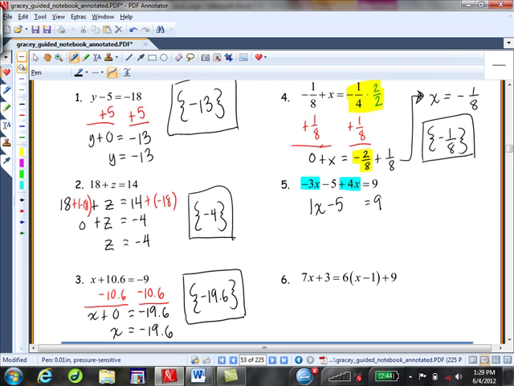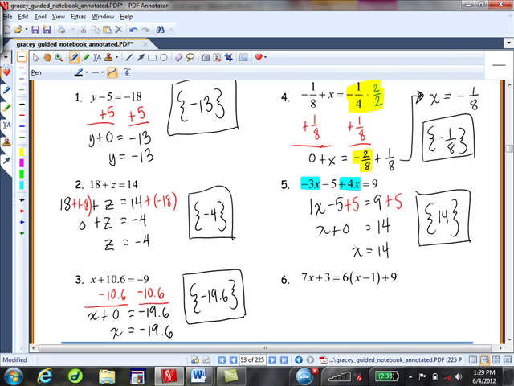Now if I add 5 to both sides, I will have 1x is just x plus 0 is equal to 14, and x is equal to 14. So you guys will have to email me and let me know which way you prefer, if you prefer doing the horizontal adjustments or the vertical adjustments.